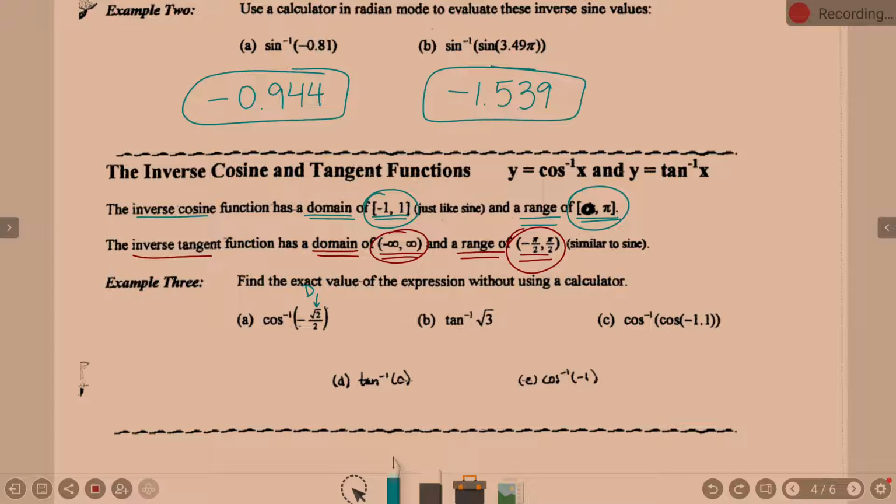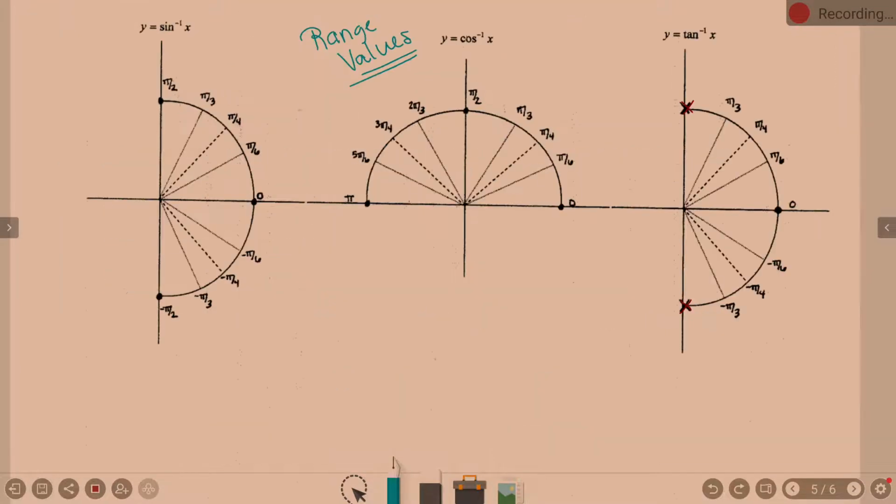Now, this is negative square root of 2 over 2. Let me go to the backside for a moment. Right here, we're talking π/4, that angle right there, if it's positive square root of 2 over 2. However, what quadrant do we have to go to since it's negative square root of 2 over 2?